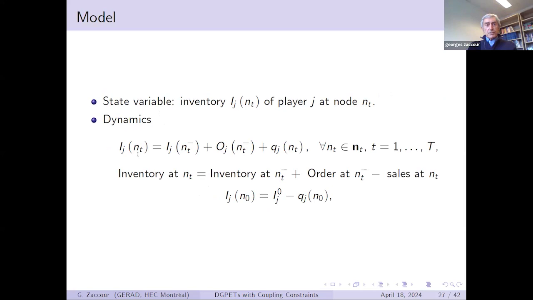The inventory that is available at NT is the inventory that was available at the predecessor node, plus the orders that have been made at the predecessor node, sorry, it should be minus here, the sales at this particular node, okay? So the inventory at node NT is inventory at predecessor plus orders minus sales. And of course, you have to specify the inventory at the initial node.